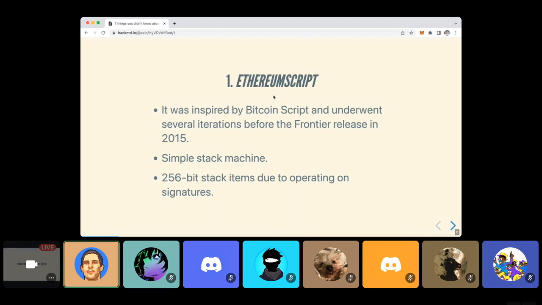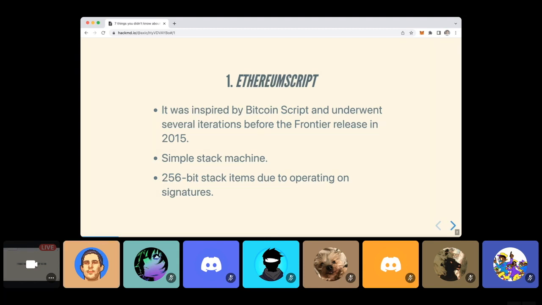If you look up the white paper, so not even the yellow paper, but the white paper and the original announcements about Ethereum, it is kind of clear that it was heavily inspired by Bitcoin, and more so the EVM itself, heavily inspired by Bitcoin script. And this actually gives you a background on why the EVM is what it is.